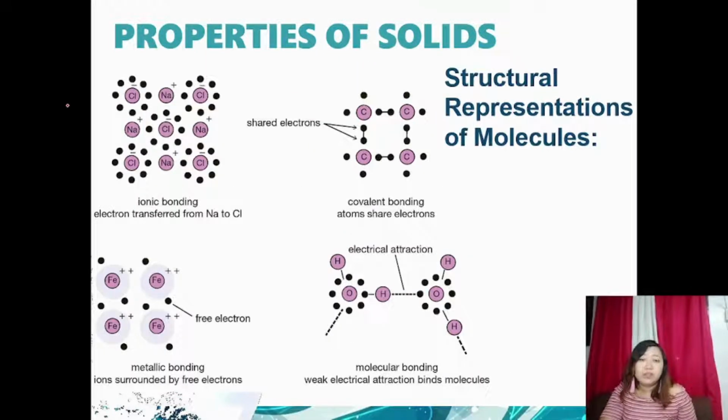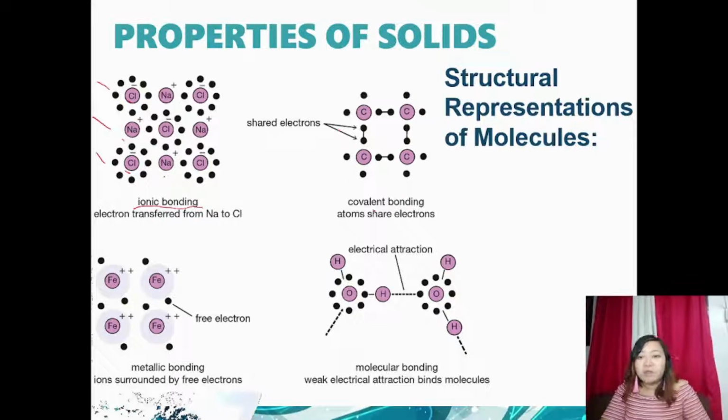In terms of atoms, so that you can see the electron cloud, this is ionic bonding. As you can see, it's an alternating pattern: negative, positive, negative, then positive.